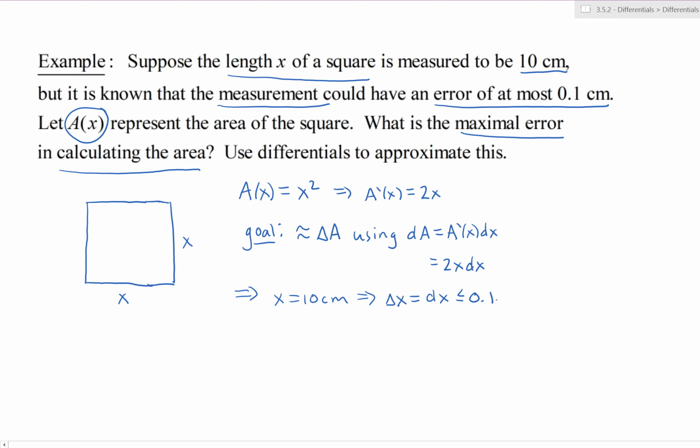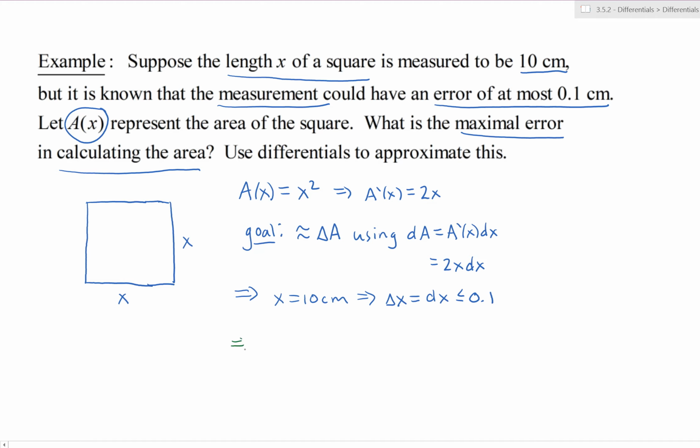And so if we use that maximal value of delta x, or dx here, and plug in x is 10, we can get our maximal error in calculating the area, at least using approximations of the differential.